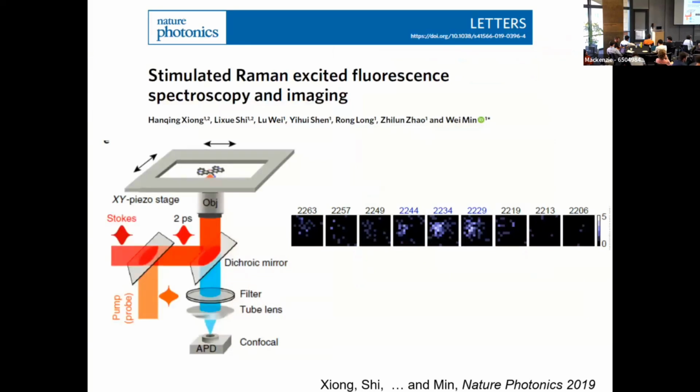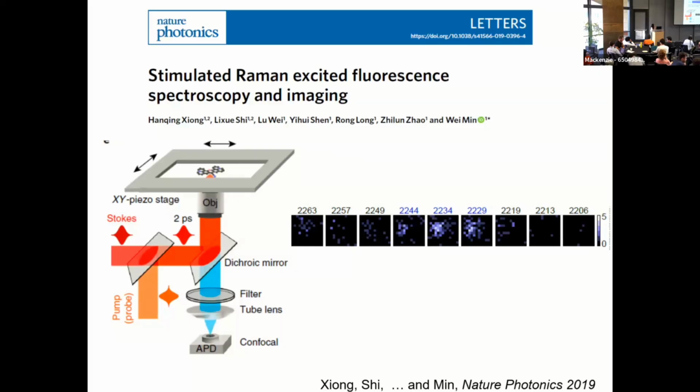Harnessing the sensitive, background-free detection from working with fluorescence detection, our group's alumni Dr. Han Qinxiong and Dr. Li Xueshi successfully demonstrated stimulated Raman excited fluorescence using the electronic pre-resonance probe Rhodamine 800 at a single molecular level.